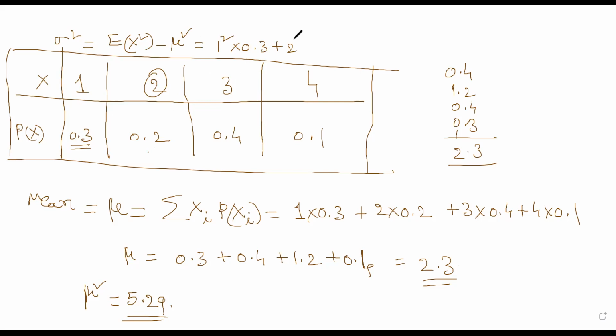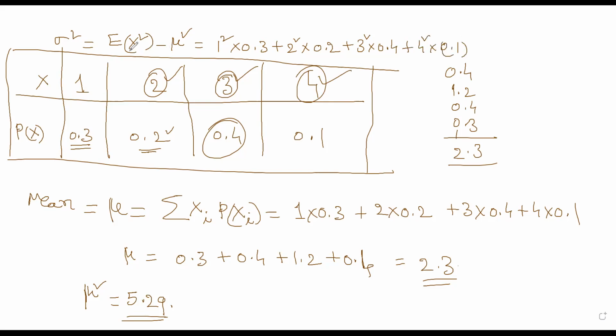So that is 2 square into 0.2, next 3 square into 0.4, next 4 square into 0.1. That is E of x square minus mu square. Mu square value is 5.29.